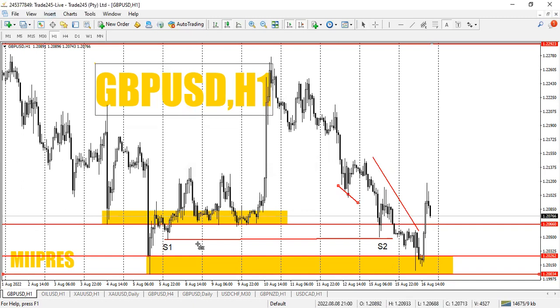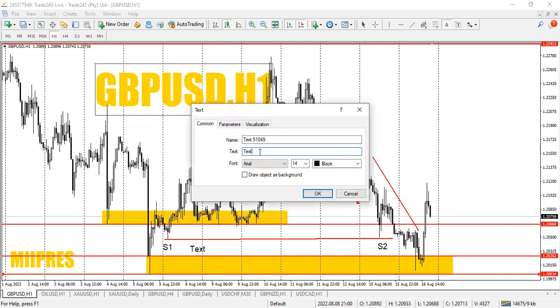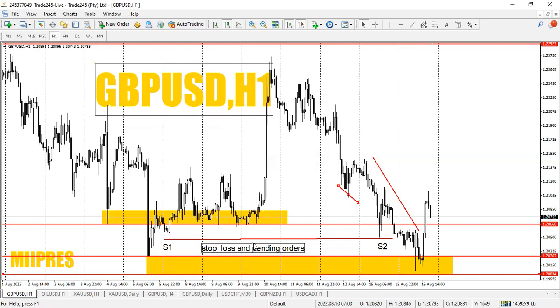So there are people that have stop losses over there, and pending orders. So stop loss and pending orders.